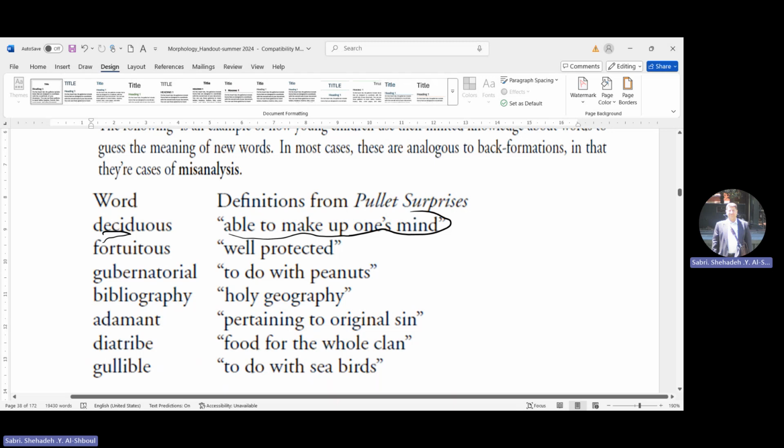But actually that is not the correct meaning. The correct one is falling off or shed at a particular season.